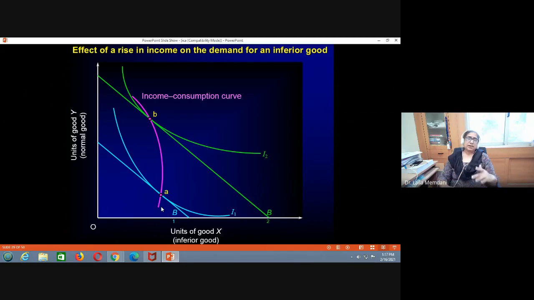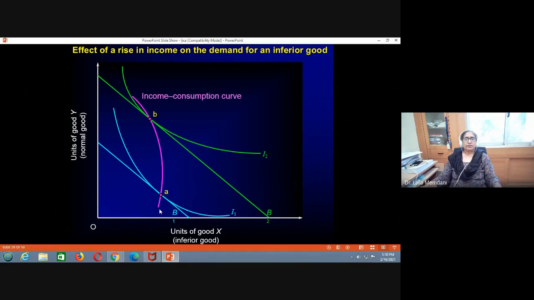Now, in this diagram, I have shown the income consumption curve for the inferior good. Initially, the price line is of blue color. With the increase in income, we have the green color. The consumer equilibrium point has shifted from A to B, and the pink color is the income consumption curve.